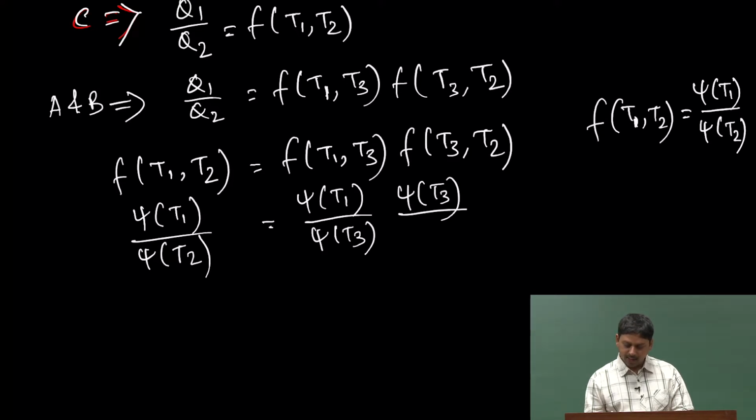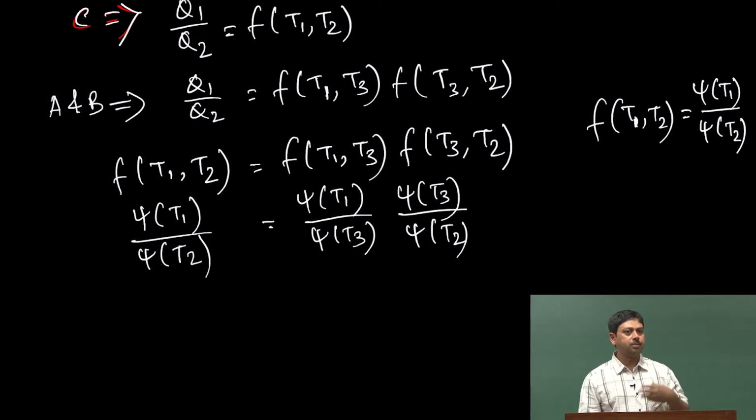You see, if we write that, the psi T 3 cancels out. So, F, which is a function of two temperatures, is basically a ratio of functions of individual temperatures, right. So, now what we learned from here is that, and where did we get this? Now, what is our F T 1 T 2?